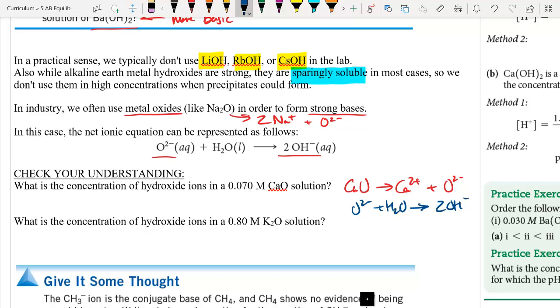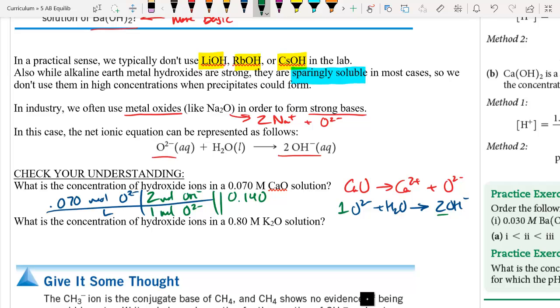So if the goal is to figure out hydroxide ion concentration here, we would know that 0.070 moles of our oxide ion that come out here can be converted in a mole ratio. It's going to be 1 mole of oxide here for every 2 moles of hydroxide. So 1 mole of oxide, 2 moles of hydroxide forming. Putting that together, we have to double that initial concentration to become 0.140 molar hydroxide that would come out.